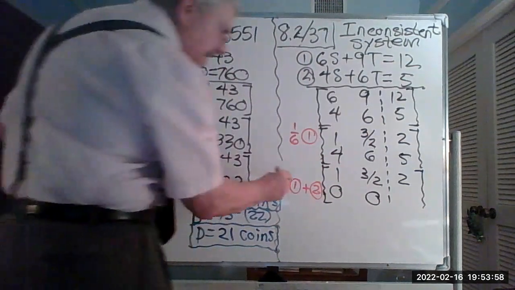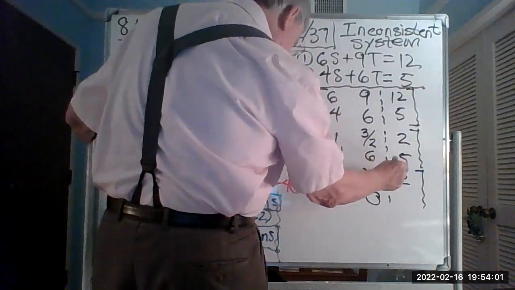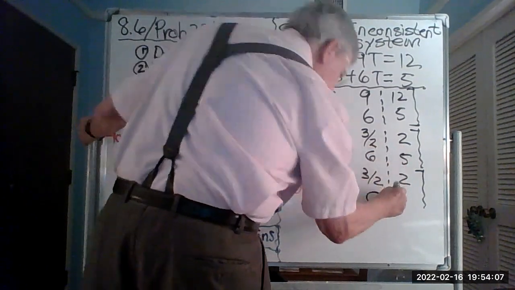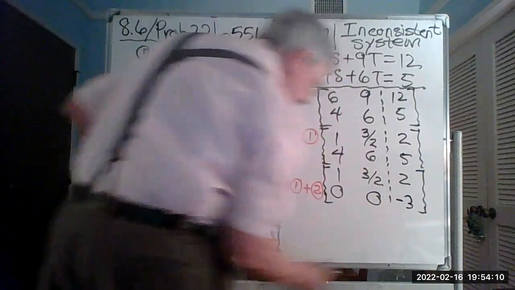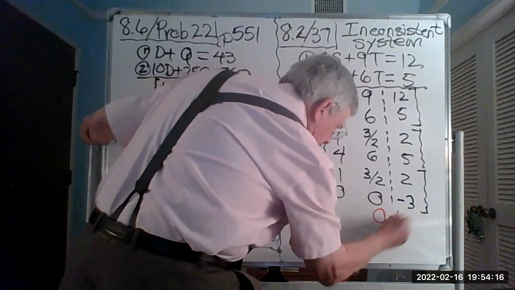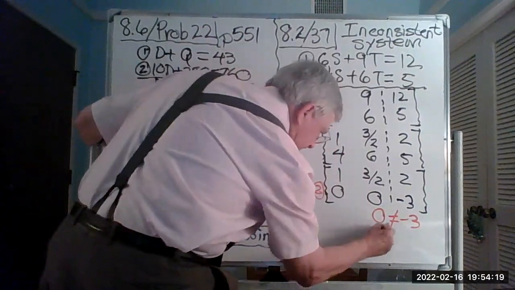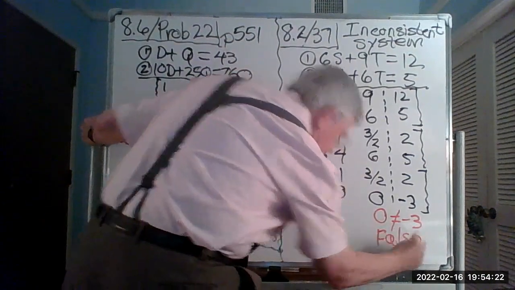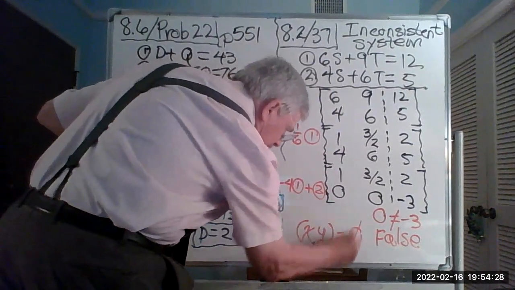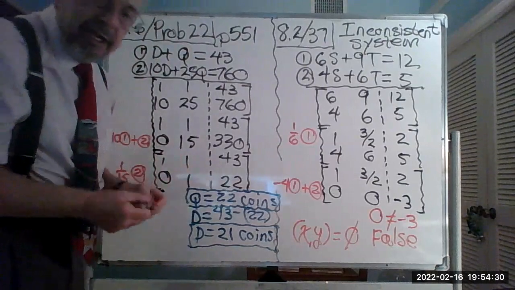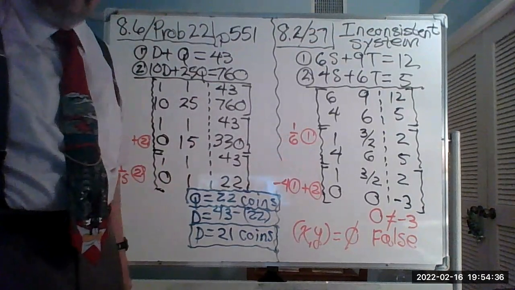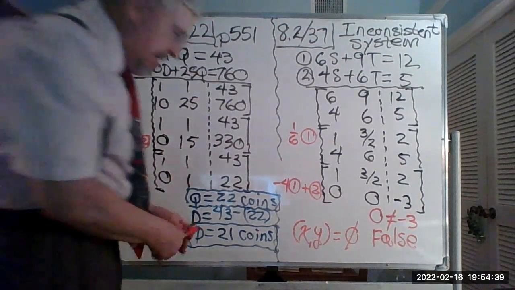Uh-oh. -4 times 2 is -8 plus 5 is -3. So notice what I got here: 0 does not equal -3. So that's a false statement. So that means the solution set is the null set, or no solution. Okay, so I got a false statement. You end up with no solution. But notice it came out in a couple of steps there for a 2x2. All right, let's do one more.